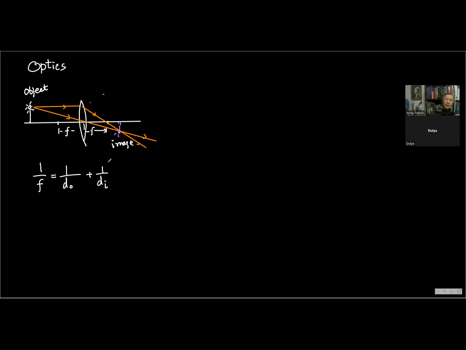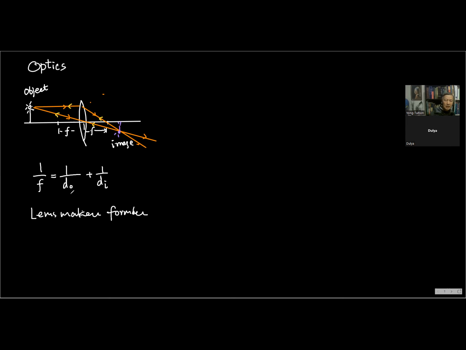Anyway, I took this example to show that if you change the direction of the ray, the formula is still the same. Can you see? This is called the lens maker's law, or the lens maker's formula, or you can consider it a law.